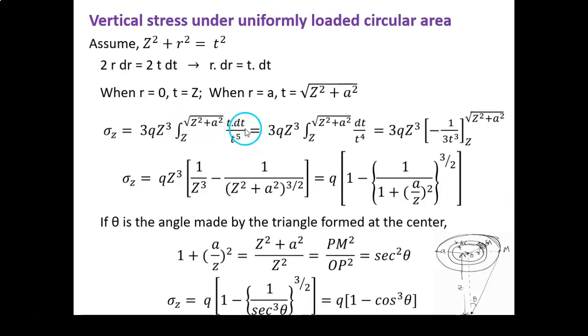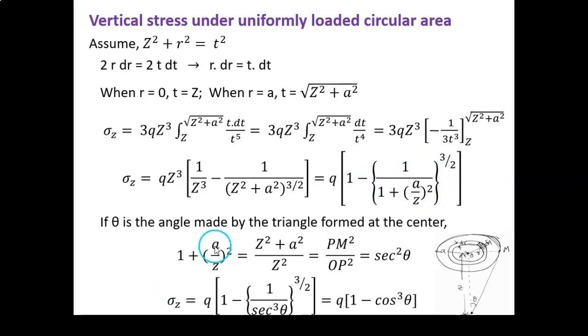This term can be written as dt by t to the power of 4, and when we do the integration, we'll get minus 1 by 3t cube, and when you substitute the lower and upper limits, we'll be getting the equation like this, from which we can write sigma z equal to q into 1 minus 1 by (1 plus (a by z) square) to the power 3 by 2.